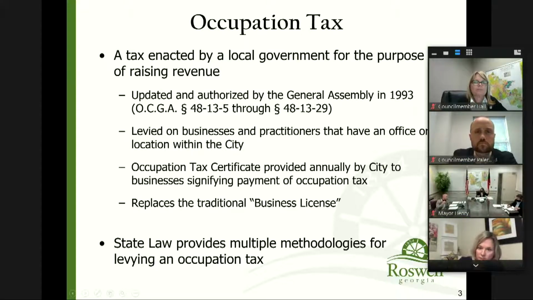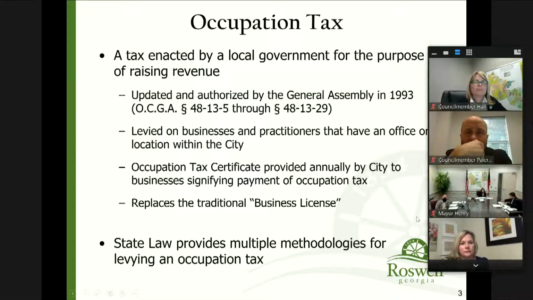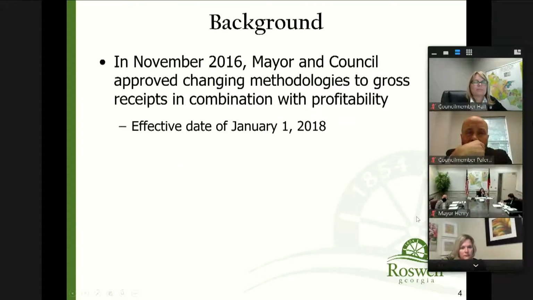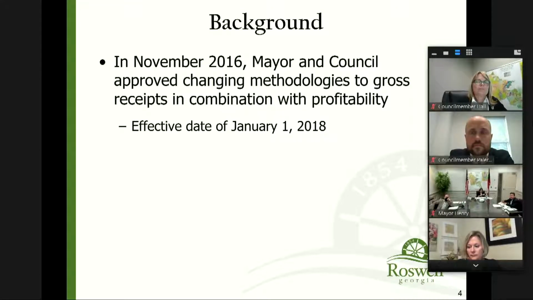I just wanted to point out some of those aspects of the occupation tax and how that works. So in terms of background, in November of 2016, the mayor and council at the time did approve changing methodologies. Previously, the city had assessed occupation tax based on a per employee fee.